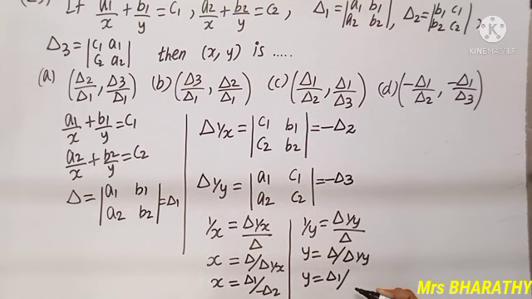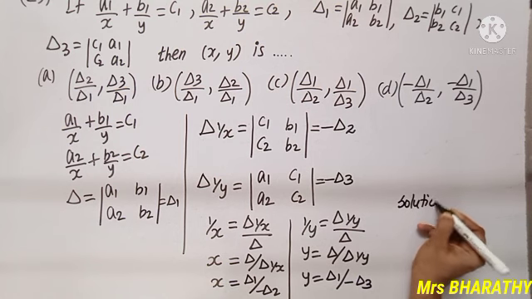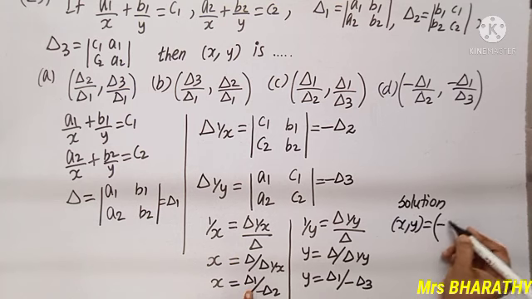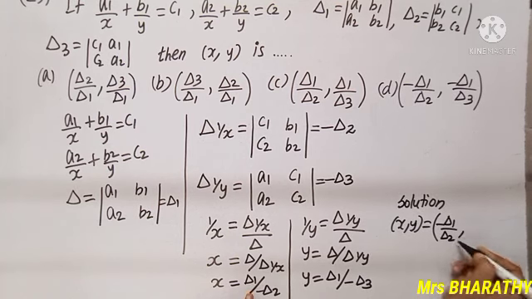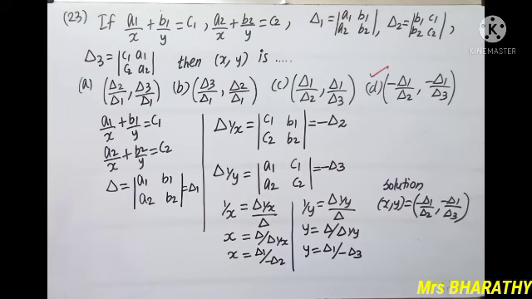As I substitute, it is del 1 by minus del 3. So the right solution I have: x comma y equals minus del 1 by del 2, minus del 1 by del 3. Out of the 4 options, option D gives you the right choice.